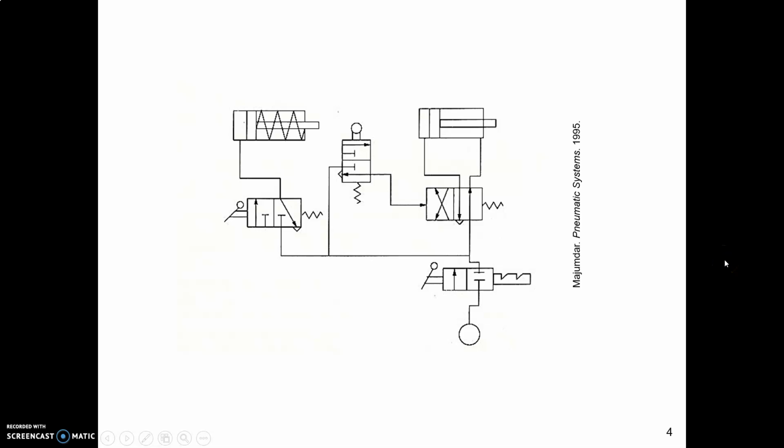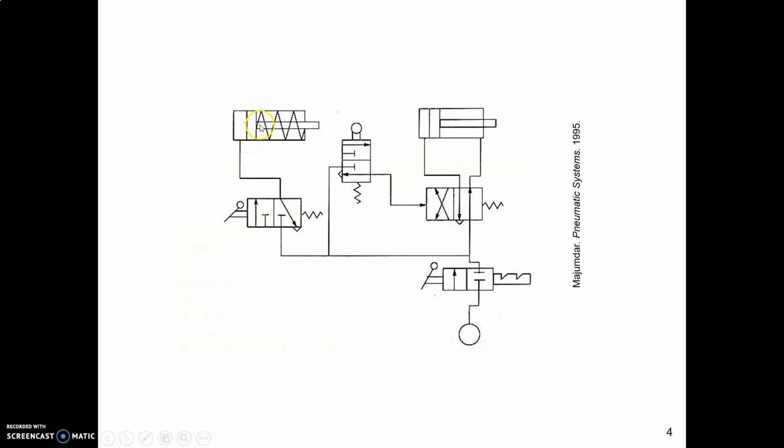Here, the next couple of slides are two examples of pneumatic circuits from a pneumatics textbook. This is a circuit that is a sequencing circuit, and this does not show all the other stuff that you need, like the compressor and the receiver. So this is just showing some of the valves and how they go to the cylinders.